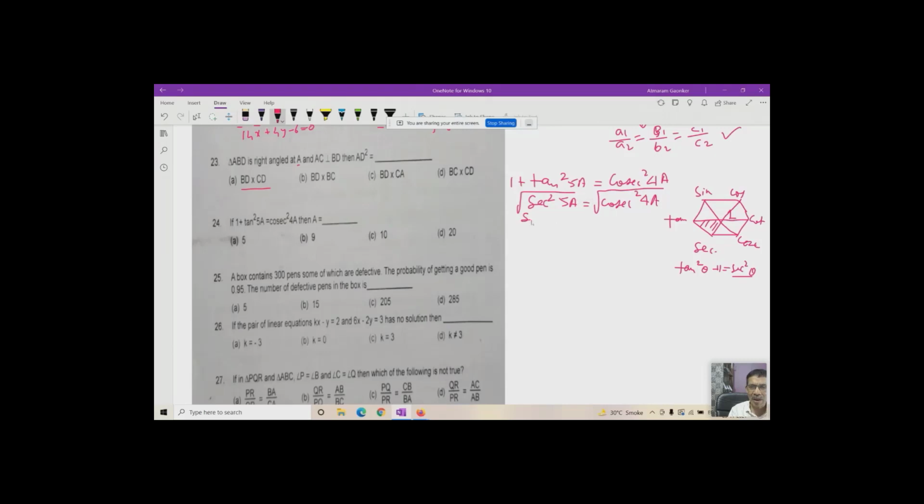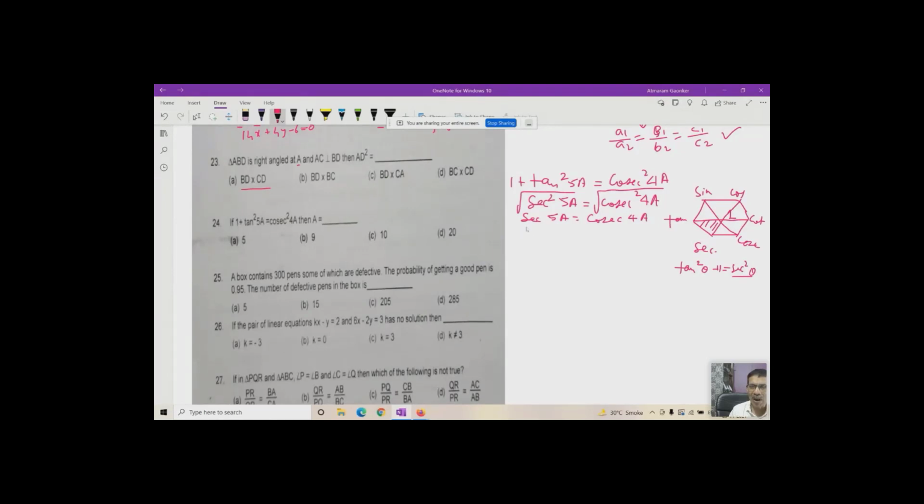You will get sec of 5a is equal to cosec of 4a, and sec and cosec are co-functions which can be used to solve complementary angles type of formula.